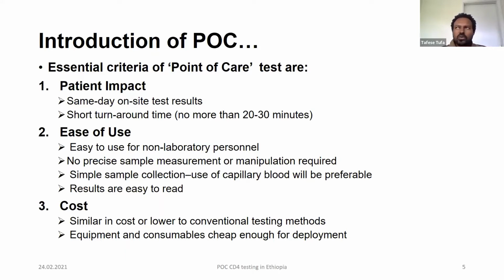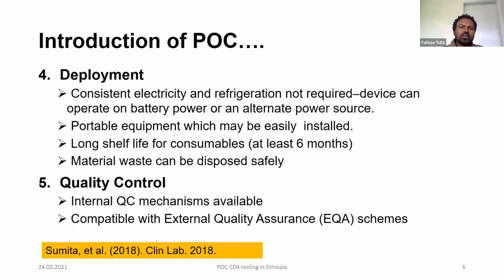How to deploy this POC? It should not need electricity or refrigerators. If needed, battery power or alternative power should be an option. The size should be small and easily portable, with no need for an expert to install it.